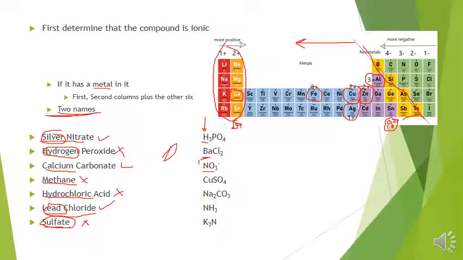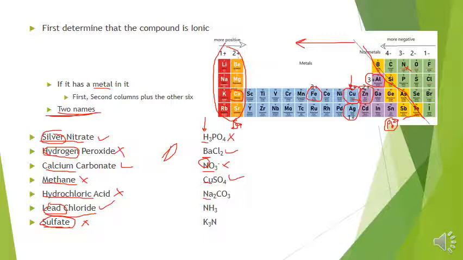I cut it off. Is N a metal? No, it's over here. Nitrogen. So this isn't. CuSO4. Is Cu a metal? Yes, it's this guy, copper.